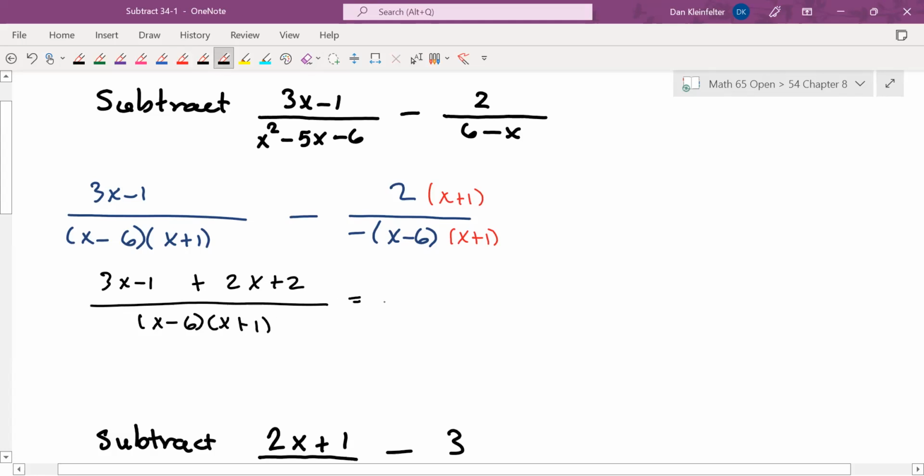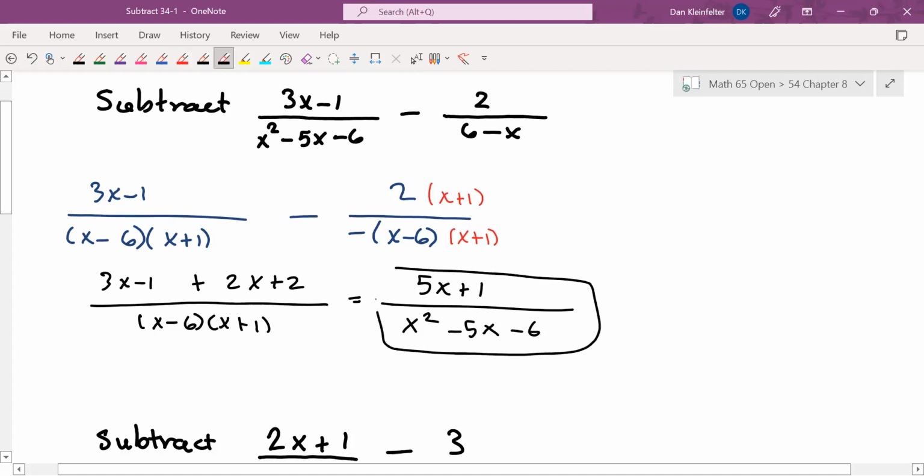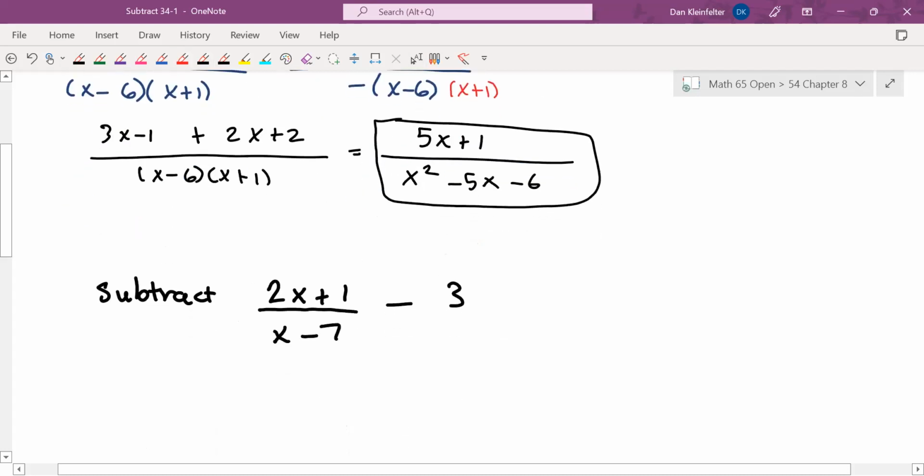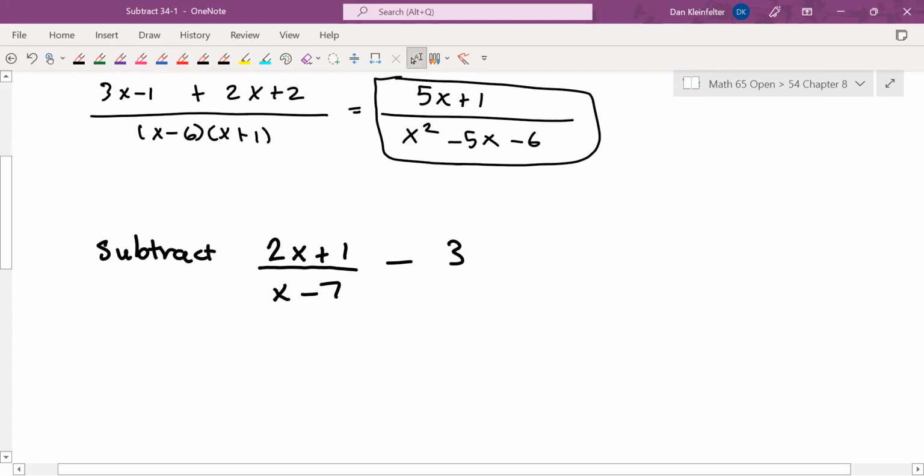And so then let's clean up the numerator a bit. That will be 5x plus 1. And down below, x squared minus 5x minus 6. Okay. All right, so we are getting there.